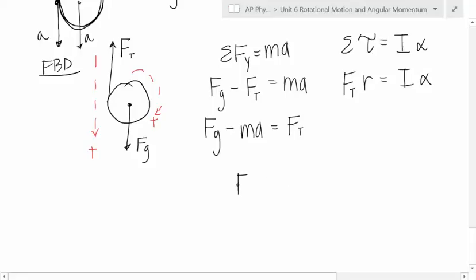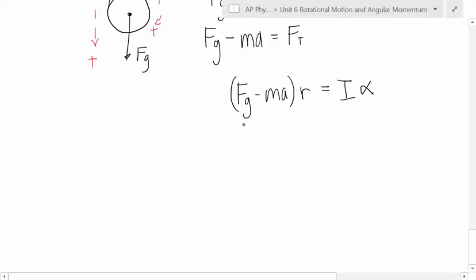And so then FG minus MA all times R, because I'm going to substitute it back in up here, would equal the moment of inertia times alpha. Now the gravitational force is M times G minus MA times R. The moment of inertia of a disk is 1/2 M R squared.